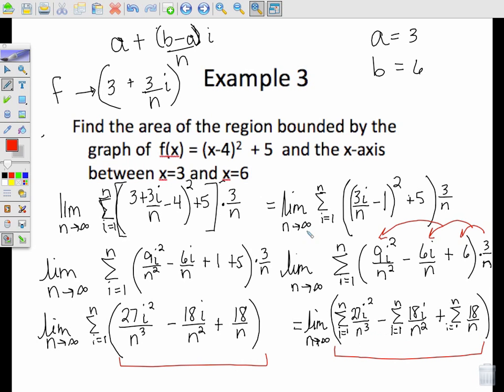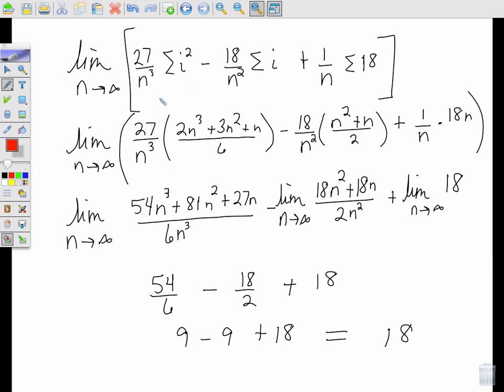Then I get this expression after distributing the 3 over n, and I separated them into individual summations. You can check out your work there. Then I brought the coefficients out in front here, evaluated the summations, and as I continue to simplify everything and do the limits, I get 18 for the final area.